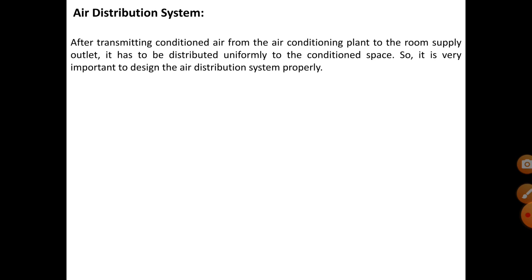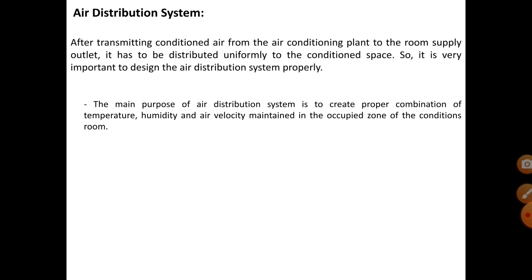Along with that, we will now deal with certain principles of the air distribution system. The main purpose of your air distribution system is to create the proper combination of temperature, humidity, and air velocity, maintained in the occupied zone of the conditioned room.